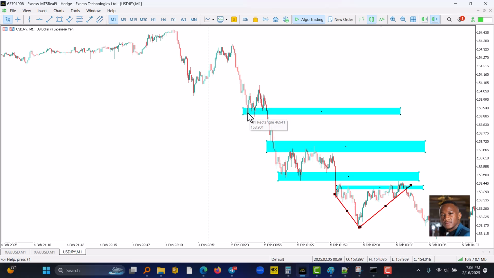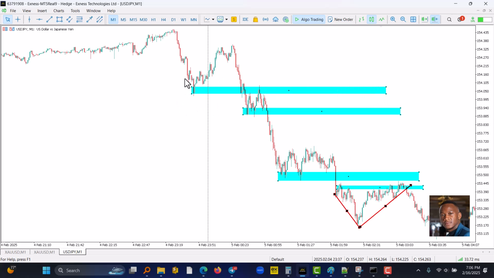So this is an inverse base that is valid, not this one. Valid inverse base, valid inverse base, and also a valid inverse base starting from here.